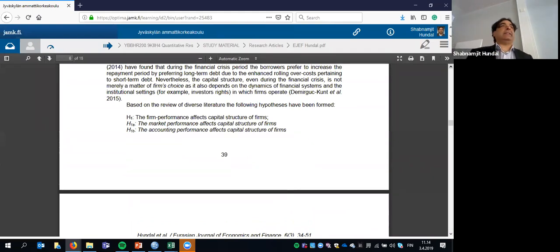So what I'm trying to say is that the company's performance has an impact on their capital structure. My question is, what could have made me say this thing? When you give a statement, the statement is that firm performance affects capital structure of the firms.